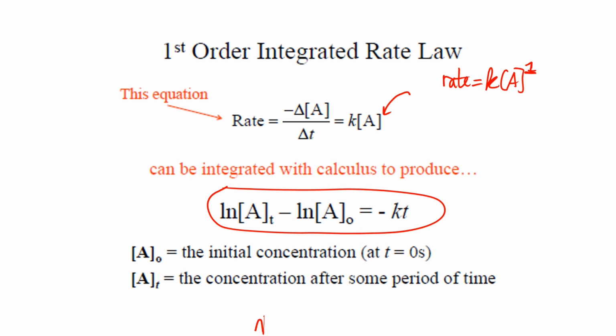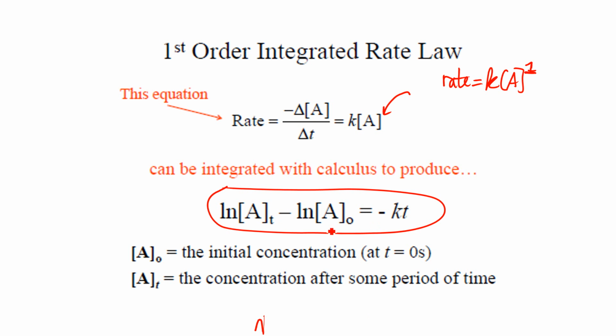The natural log of the concentration at time t minus the natural log of my initial concentration equals negative K times t. This is the rate constant K. It's the same K as we dealt with up here. T is time. So that is an equation. So notice, again, this is the equation that's on your equation sheet. Since we have an equation, we could plug in some numbers and solve for stuff.